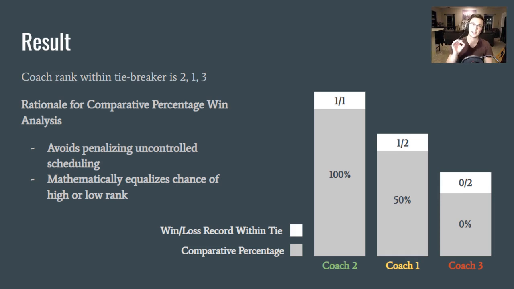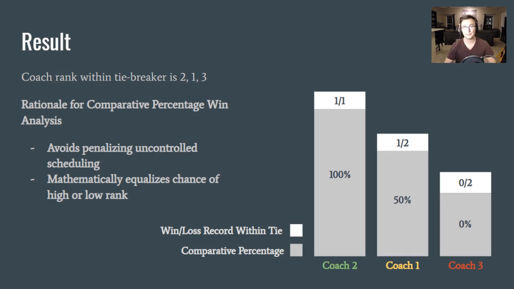And again, the rationale for this, I want to stress, is for avoiding penalizing teams that can't control their schedule. We don't want to penalize Coach 2 for not having played Coach 1. That would be an inequitable system. That would be unfair. We want, as well as possible, to avoid unfair systems. Of course, I think everyone's on the same page for that. And this also mathematically equalizes the chance of a high or low rank.